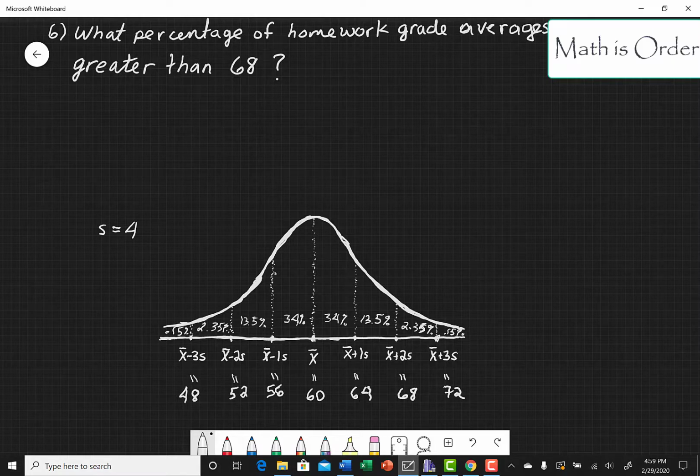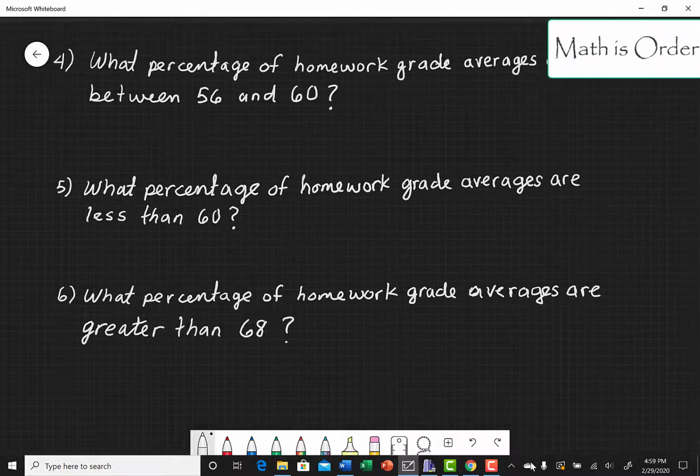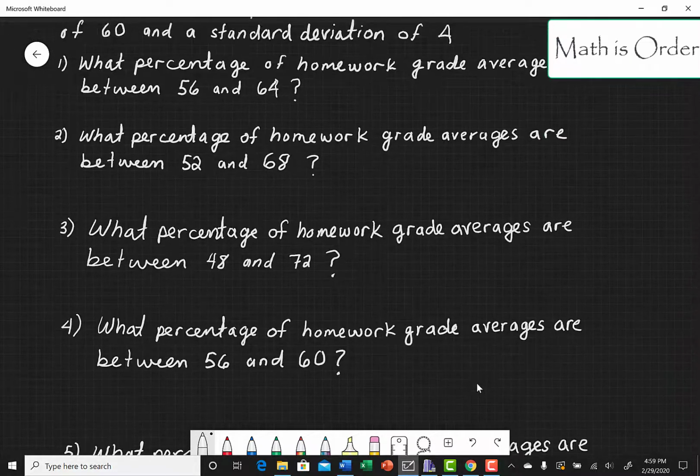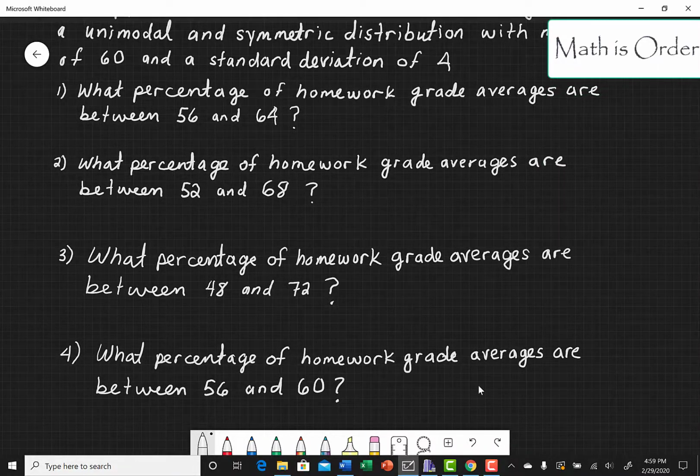All right, now that we've applied the empirical rule to find these quantities, we should be able to answer all of these questions. So let's go back up to the first. What percentage of homework grade averages are between 56 and 64?